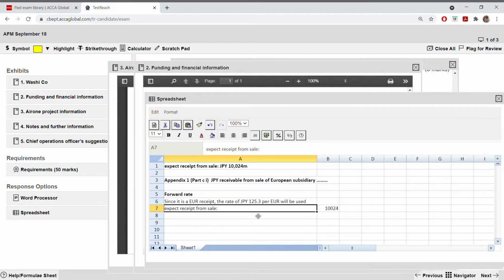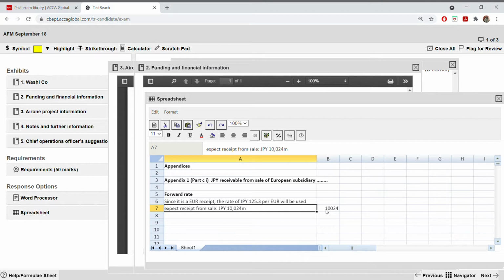Wait a minute, something went wrong, I guess. Yes. So JPY 224 million, comma. Okay.